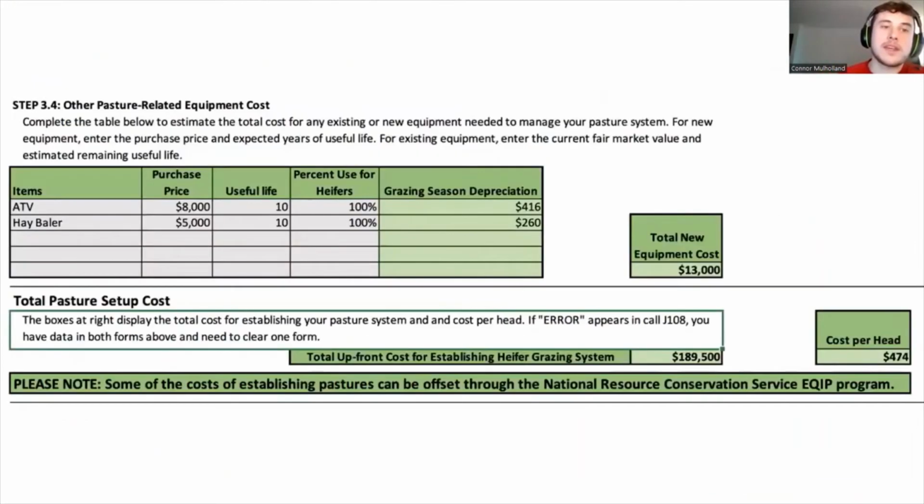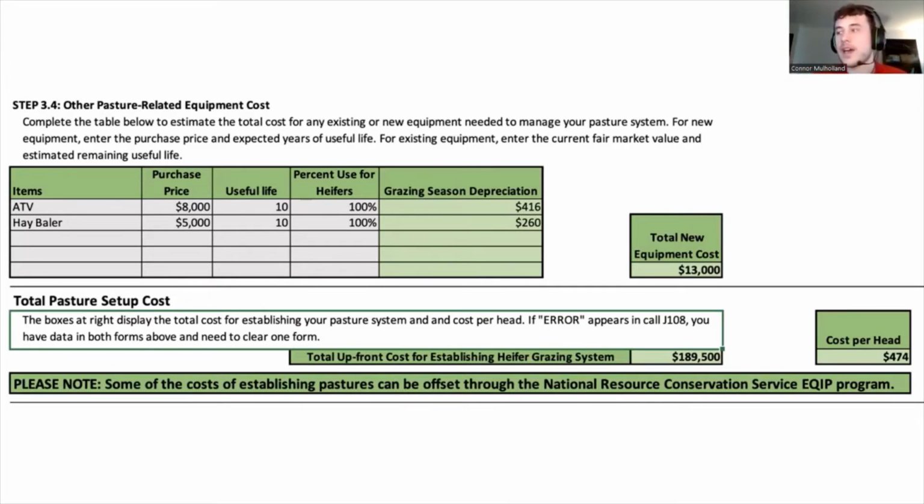So we have the main pasture establishment costs laid out, and then any other equipment related costs, any kind of equipment that you need to run this pasture system that they don't already have. You want to put in the price that they would pay for that, like the market price, the useful life, same idea there. And then we have the column that says percent use for heifers.